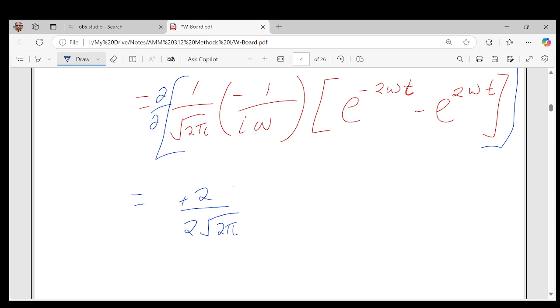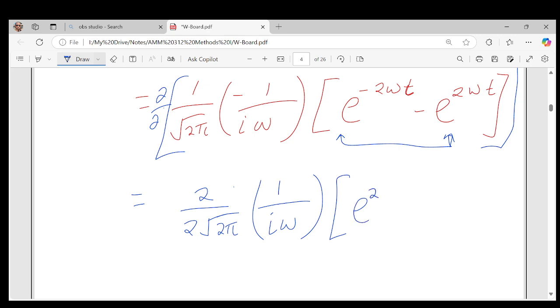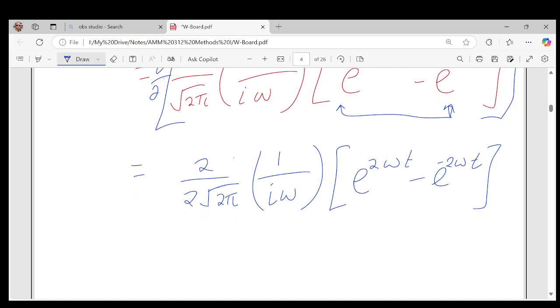Sorry, let me push the negative somewhere. Then we have 1 all over I omega. Then I can interchange these two terms, then multiply each by -1, so that this can be reduced to the square root of 2 divided by pi times 1 over omega, then e raised to power 2 omega.